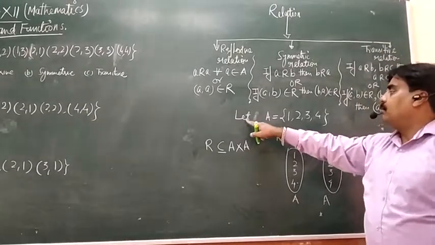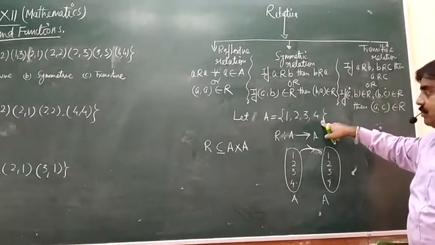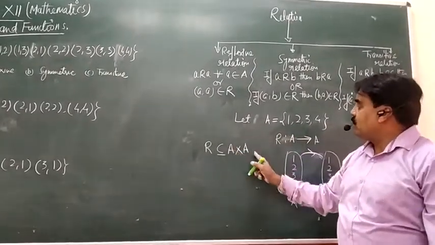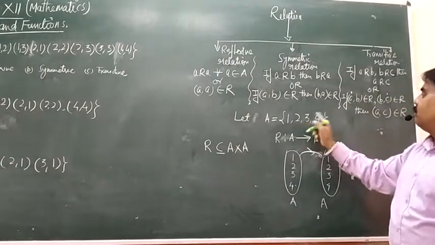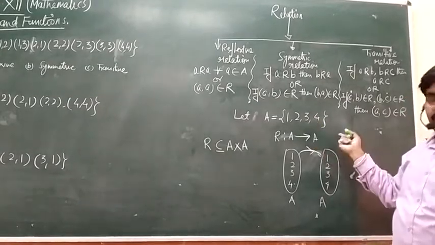So in the example we are taking here, let there be a set A whose elements are 1, 2, 3, 4, and a relation from A to A. You can write A cross A as (1,1), (1,2), (1,3), (1,4), like that, (2,1), (2,2), (2,3), (2,4), (3,1), (3,2), and so on.